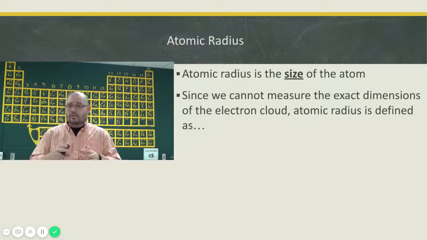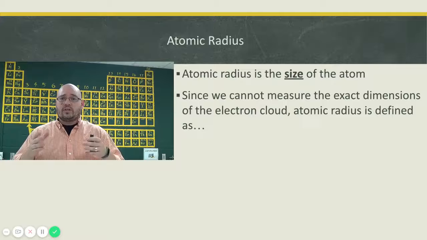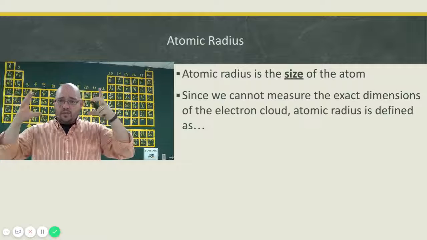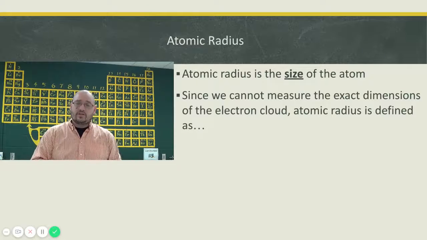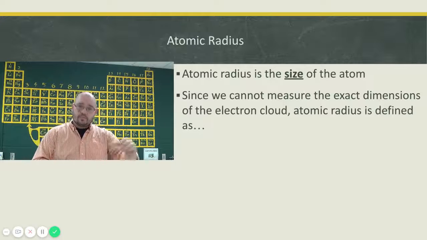Now, we can't measure the exact size of the electron cloud because the electron cloud is not really a solid thing. We can't actually measure that. We're going to talk more about the electron cloud in the next unit. So we can't really measure the electron cloud, so we define the atomic radius.